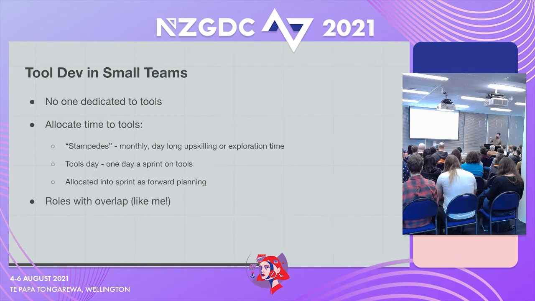And when we have looked forward enough at some of our content, we plan for tools to be made from the get-go, which is awesome. And then there's stuff like me, because I'm a programmer kind of designer, where there is overlap, where I'm also the one using the tools and also communicating with the people using the tools. And these are all different ways that we allocate time for tools to be made in the studio.